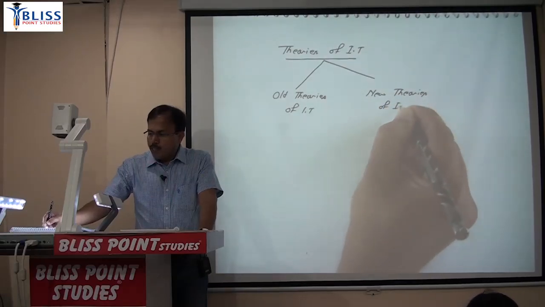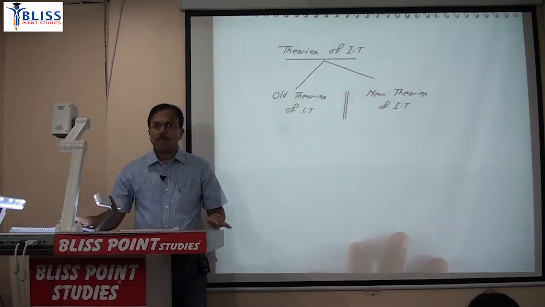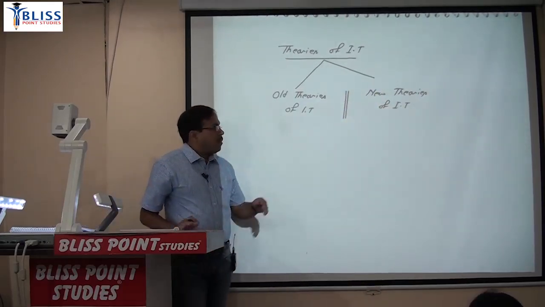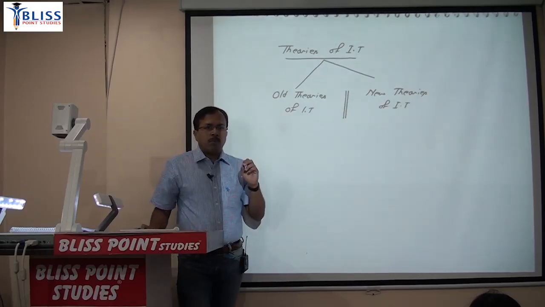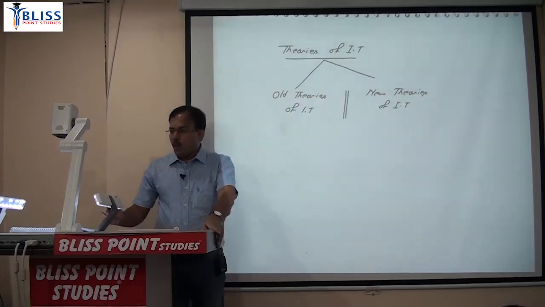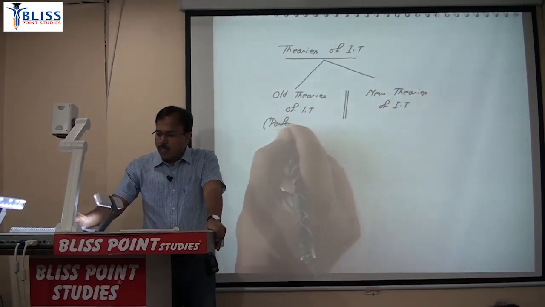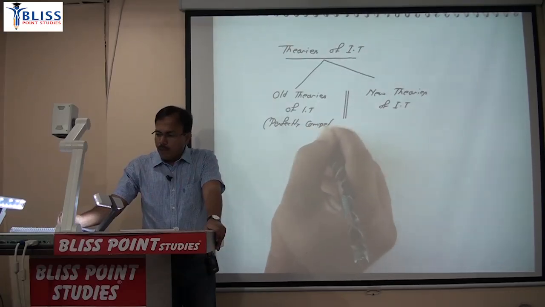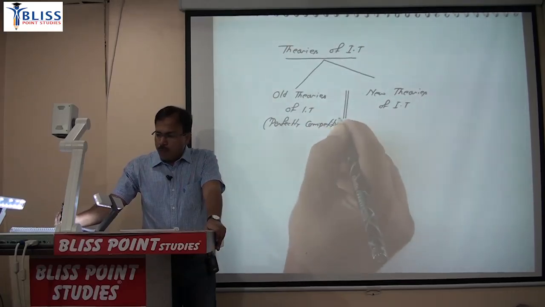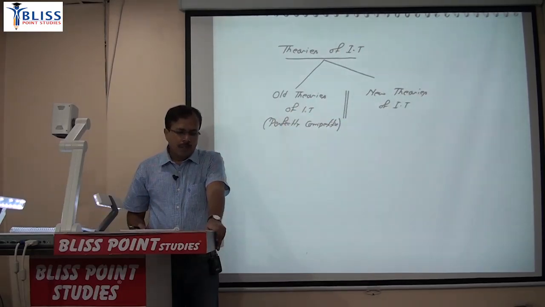The difference between these two parts is broadly that all old theories assume that the market is perfectly competitive. Perfect competition is the assumption behind the old theories of trade.